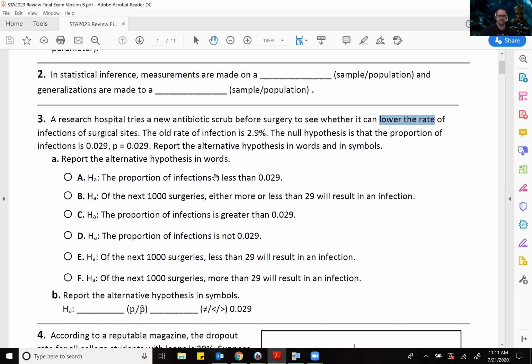You already answered that question right here. It's less than. So make sure in this blank, you choose the less than symbol, and 0.029. So you're going to choose P less than 0.029. And there you go. And that's that guy.